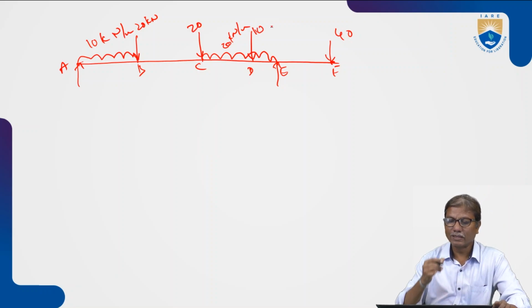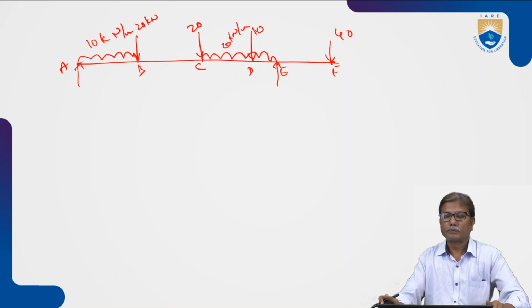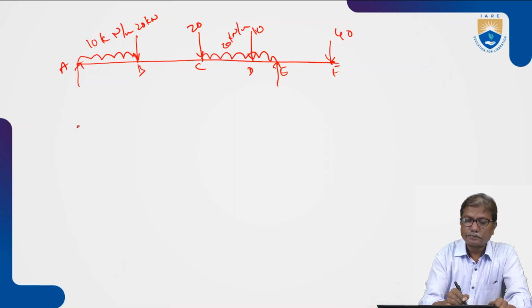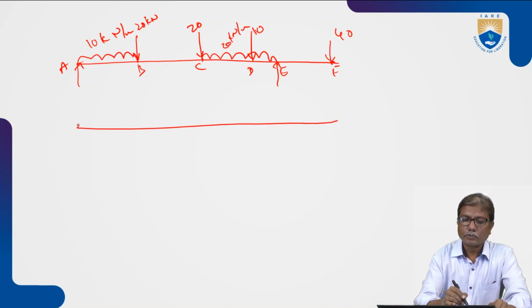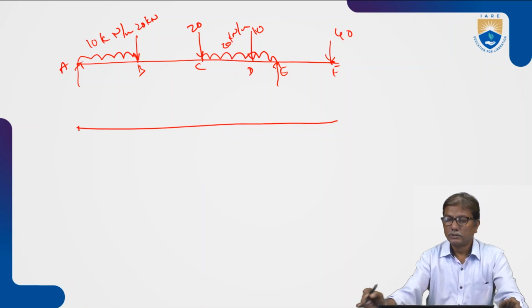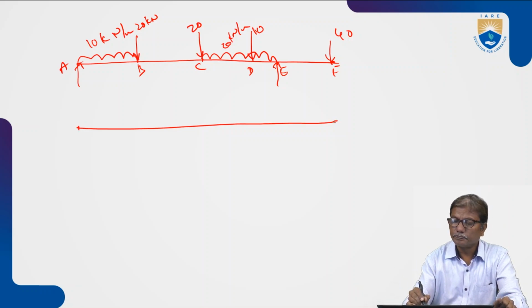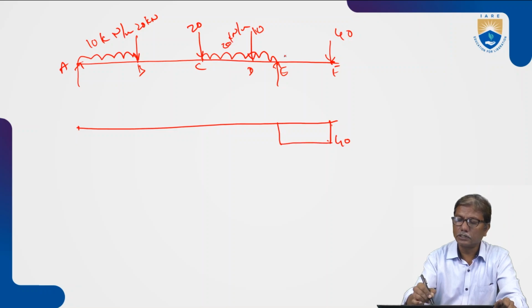Okay. So shear force diagram. Shear force diagram here, at F it is 40, at E also it is 40, because there is no load, it remains the same.